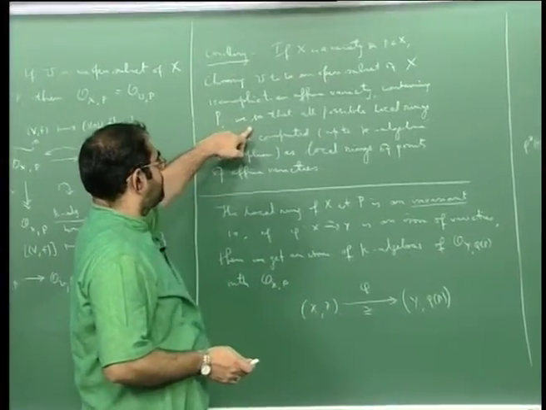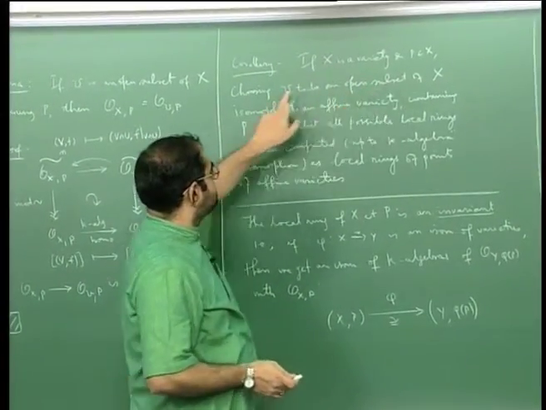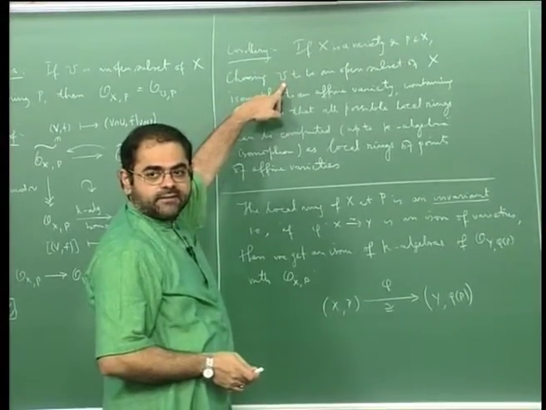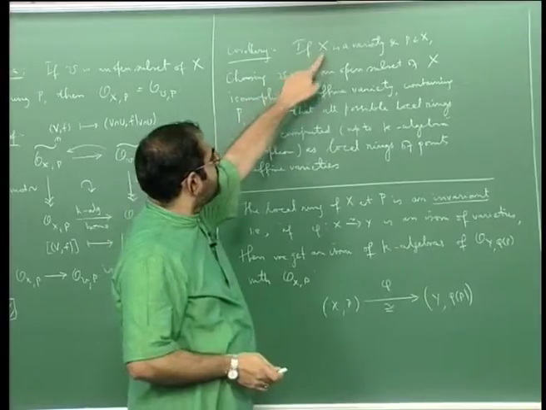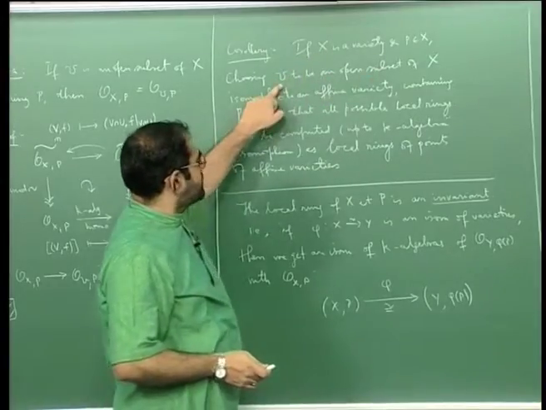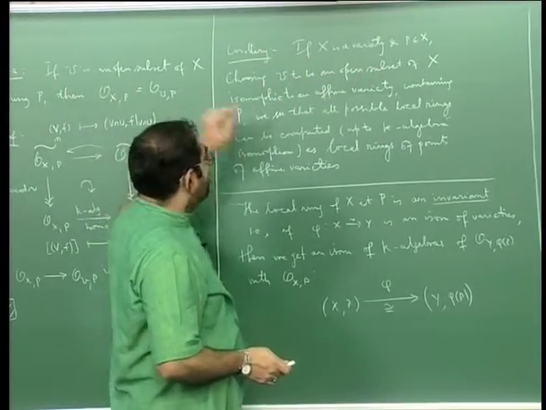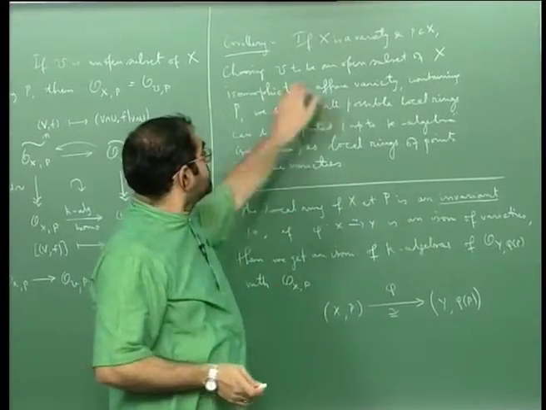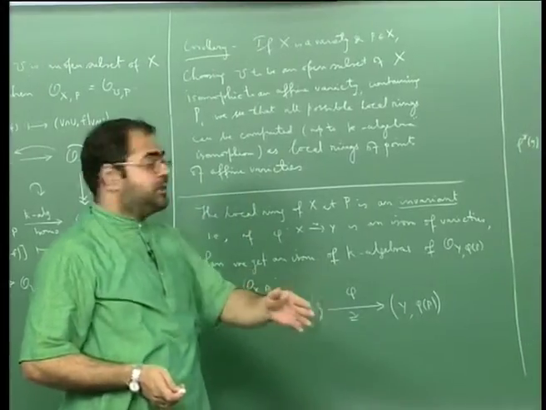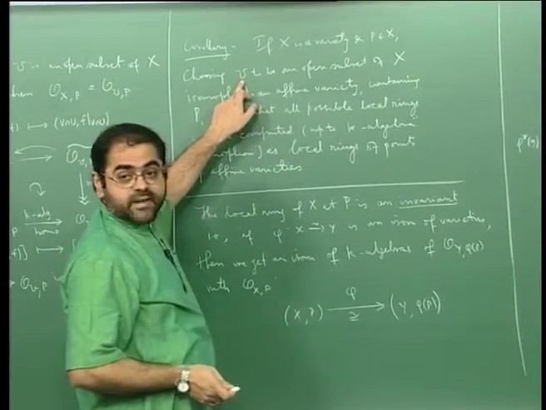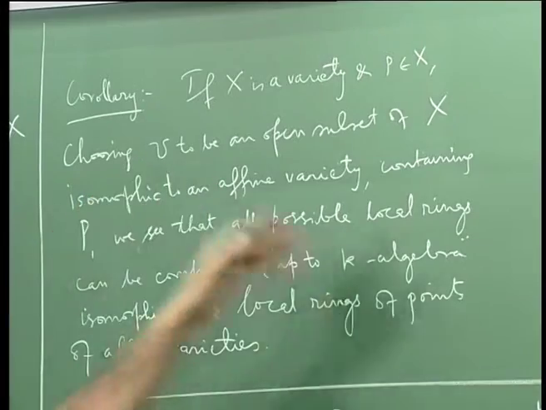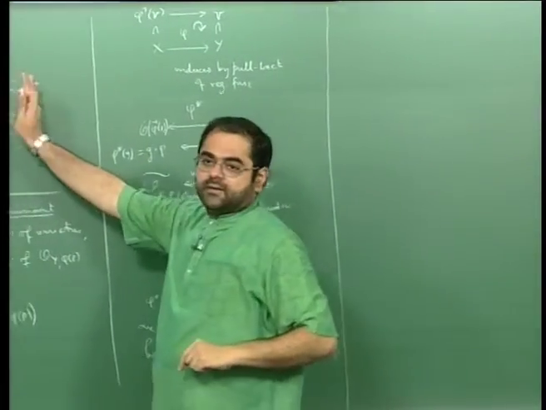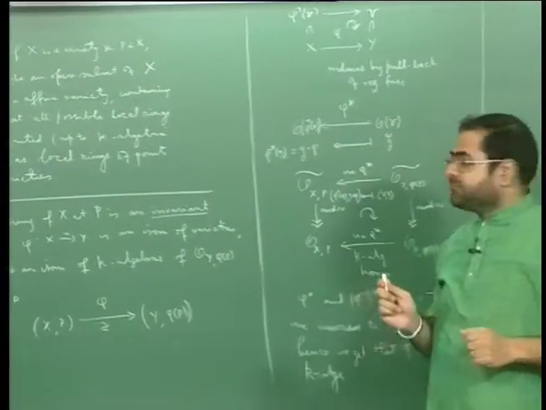If X is a variety and p is a point of X, and you choose U to be an open subset of X which is isomorphic to an affine variety, then under that isomorphism the local ring of X at p, which is the same as the local ring of U at p according to this lemma, will be isomorphic to the local ring of that affine variety at the point which the isomorphism carries p to. Somehow this has to be thought through before one can understand it properly.